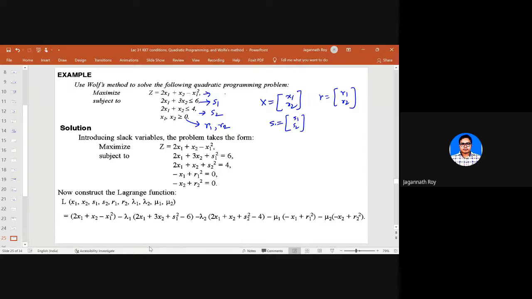Then lambda will be lambda 1 and lambda 2. How about mu? This is mu 1, mu 2. Both of them are multipliers. So we have to find 1, 2, 3, 4, 5, 6, 7, 8, 9, 10 unknowns. And the Lagrangian function becomes of this form.